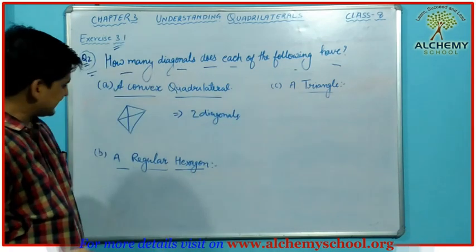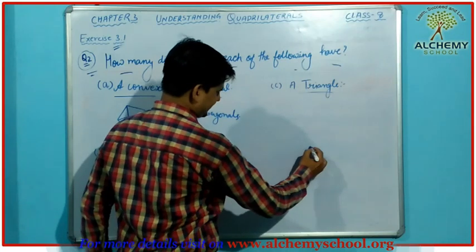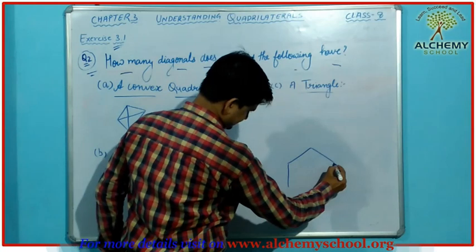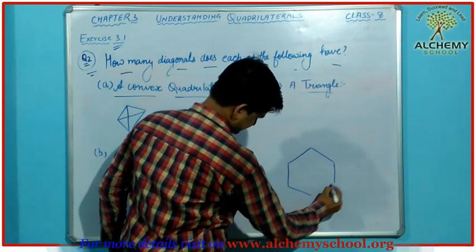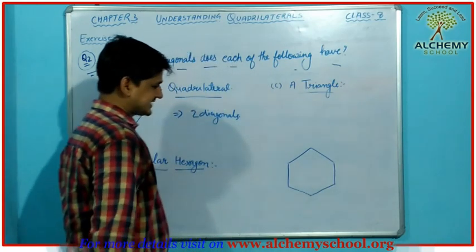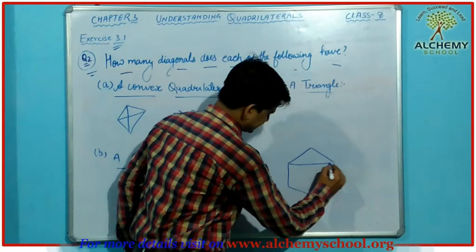The next figure is regular hexagon. So let's make a hexagon first. So this is a hexagon. We can see how many diagonals we can make here. So this is one diagonal.